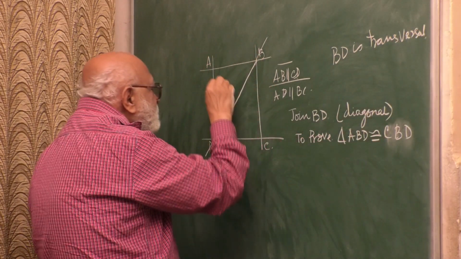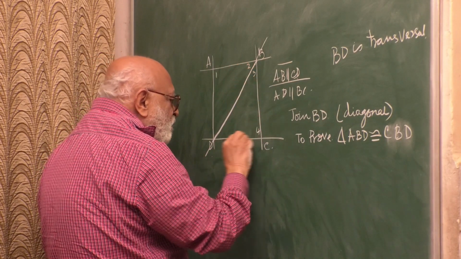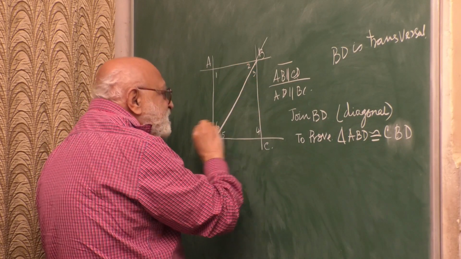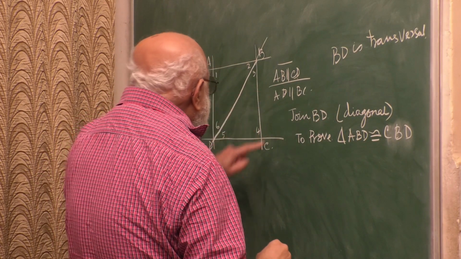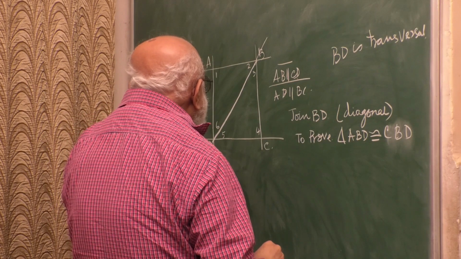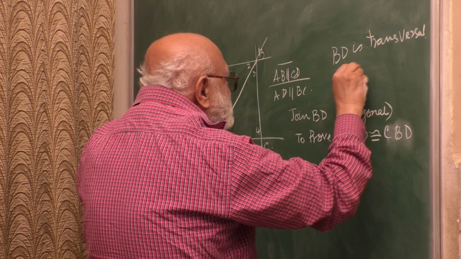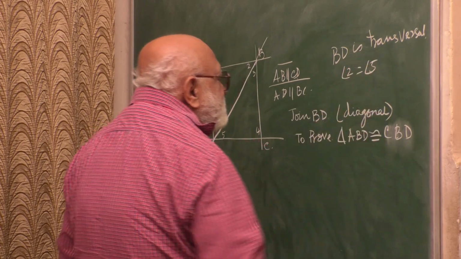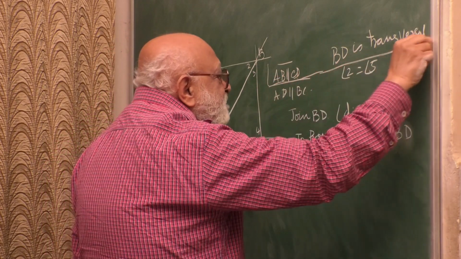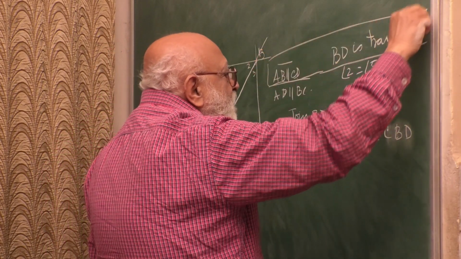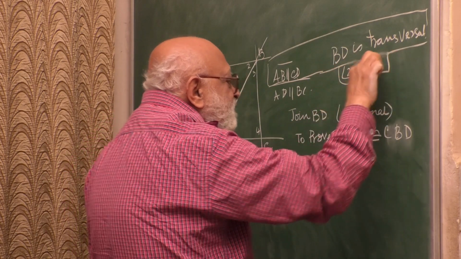Again number them 1, 2, 3, 4, 5 and 6. Therefore, since AB is parallel to CD, angle 2 is equal to angle 5. Okay, so this is 1.